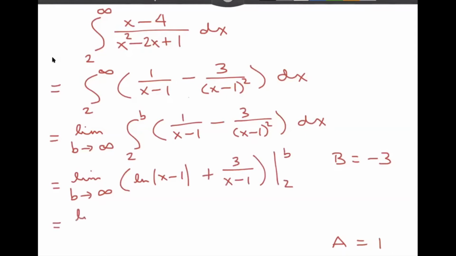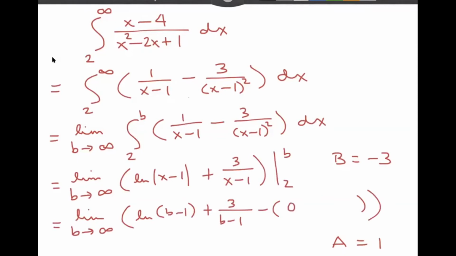So we get limit as b approaches infinity, natural log, we don't really need this absolute value. Everything's positive. Plus 3 over b minus 1 minus natural log of 2 minus 1, which is natural log 1, that's 0, plus 3 over 1, which is 3.